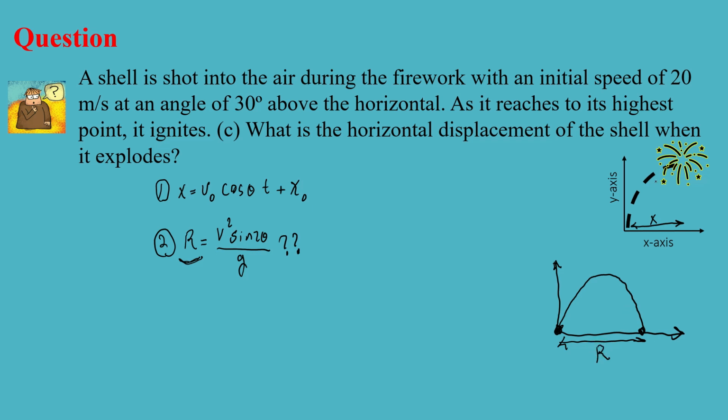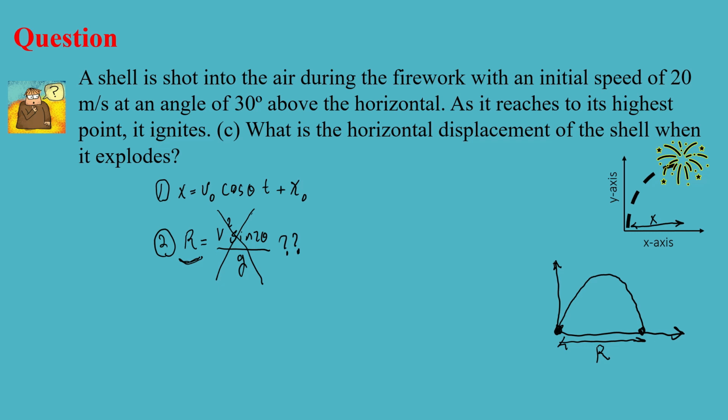However, in this problem, it doesn't reach its maximum. It ignites at the highest point. So that's the difference between these two problems. So you cannot use equation 2, because if you calculate r, technically speaking, you calculate the maximum horizontal displacement, and this is not what you're supposed to solve.